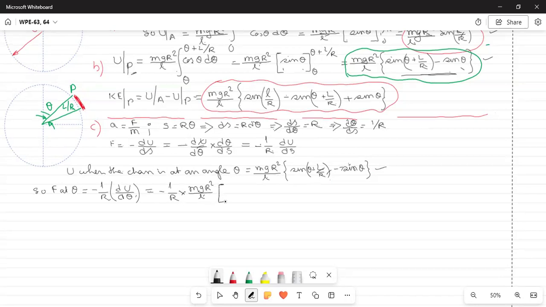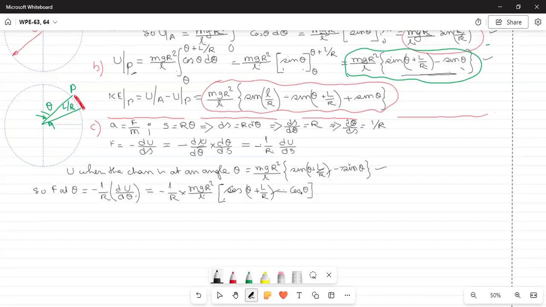If we differentiate this with respect to theta, sine theta plus L by r will become cos theta plus L by r, minus, again, sine theta will become cos theta. This is the force.